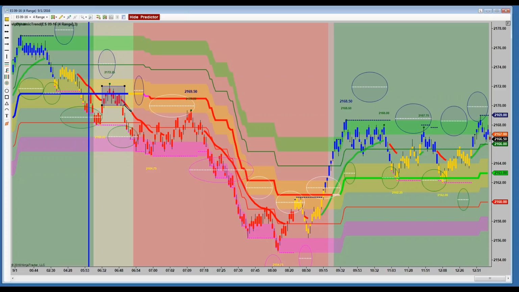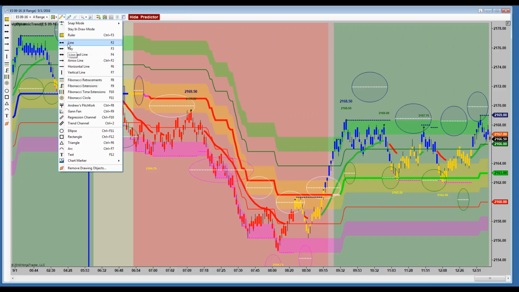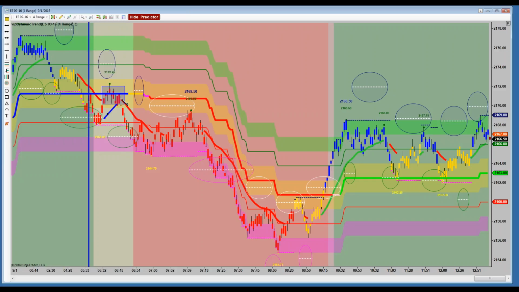So just use your stealth tools, use your OT. It's just exactly like the other instruments. There's no difference. It's an equity. In this case, you could have used a region box at the mid band. You could have used some of the other tools, the line or the ray tool on the retracement, to get in.